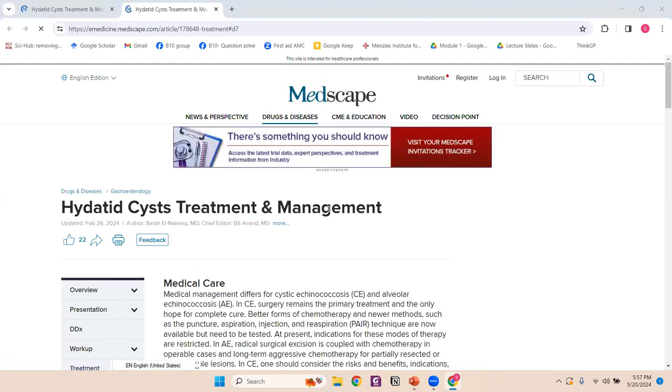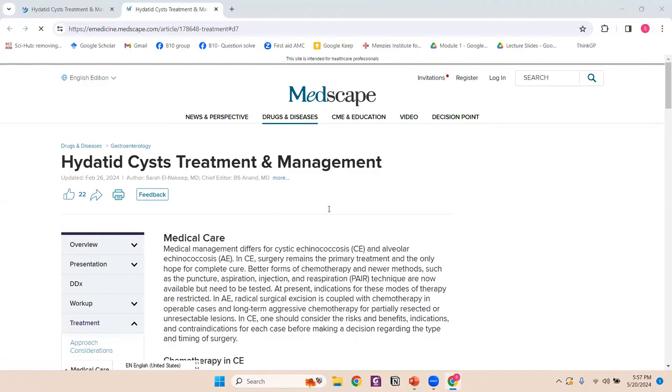Here they have asked about the hydatid cyst, and they have asked for the most appropriate management. They have not mentioned whether they are looking for the initial one or the best one, but since they have asked for the most appropriate one, we can go for the best management here.